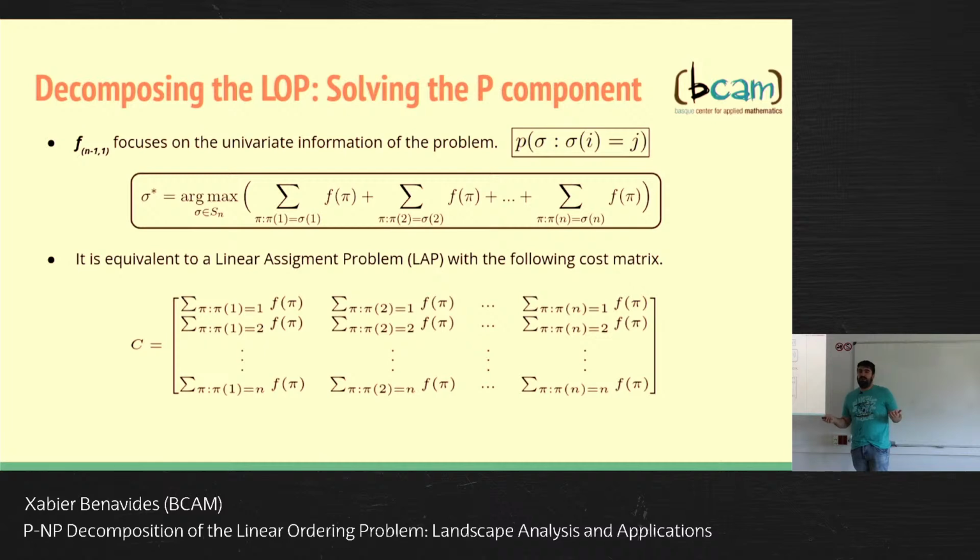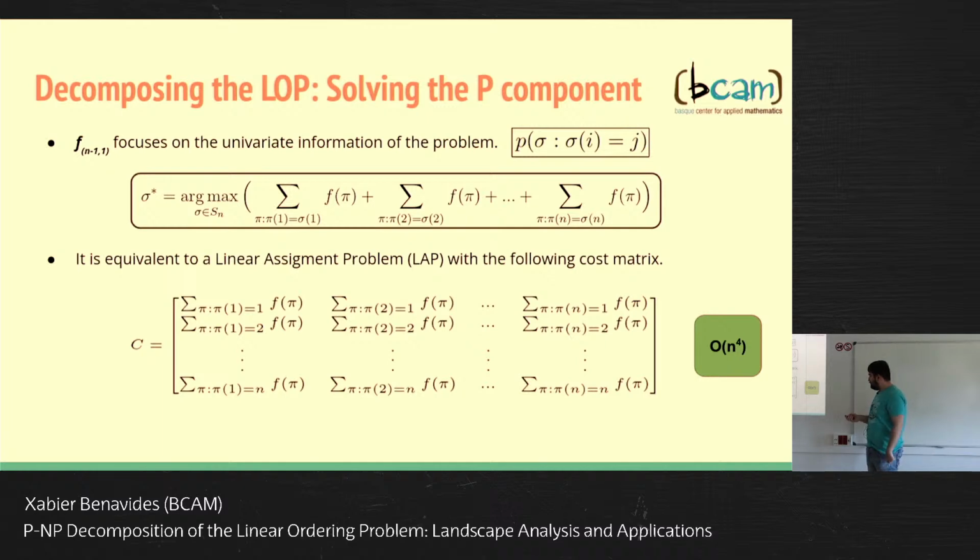One could think that computing this cost matrix is really computationally expensive, right? But fortunately, it has been proven that we can compute all the entries of this matrix in just O(n^4) time using closed form expressions.